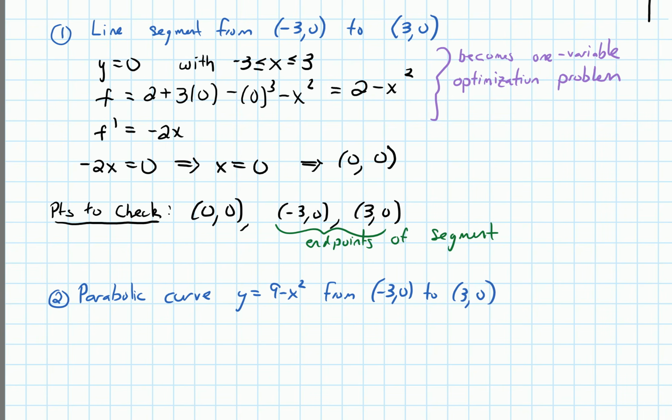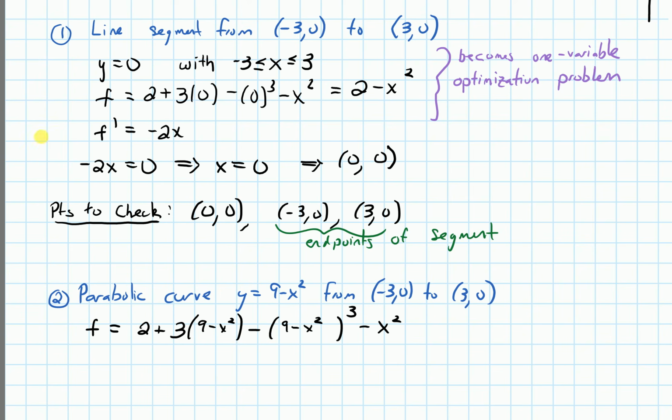So what I'm going to do is write down my function's formula, but anywhere there's a y, I'm going to plug in 9 minus x squared. If we do that, we get 2 plus 3 times 9 minus x squared, and then minus 9 minus x squared being cubed, and then minus x squared.